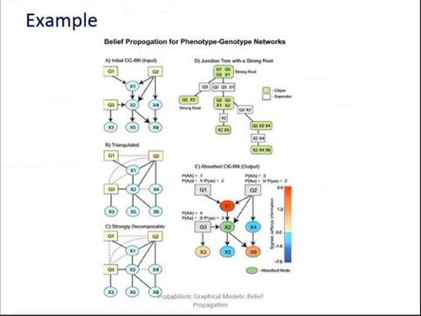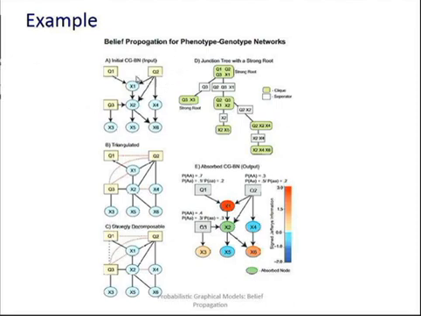This is an example. I want to show you this because it's from my own work, but it follows the example I showed you before. So in this particular example, let's just look at part A. This is an example of the conditional Gaussian Bayesian network.